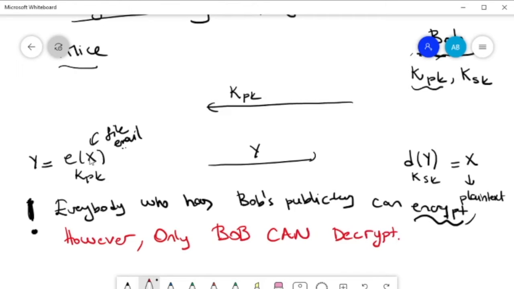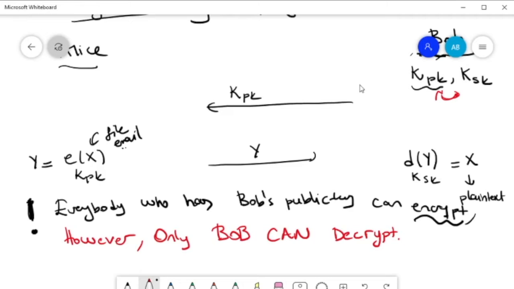When a plaintext is encrypted with a public key of a public key cryptosystem, only the decryption function works for the secret key corresponding to this public key, which is usually owned by the owner of this key.